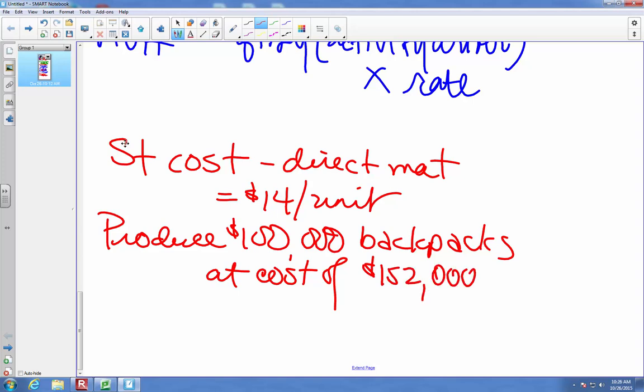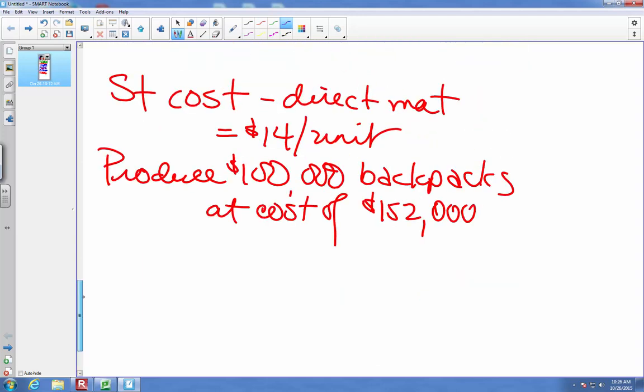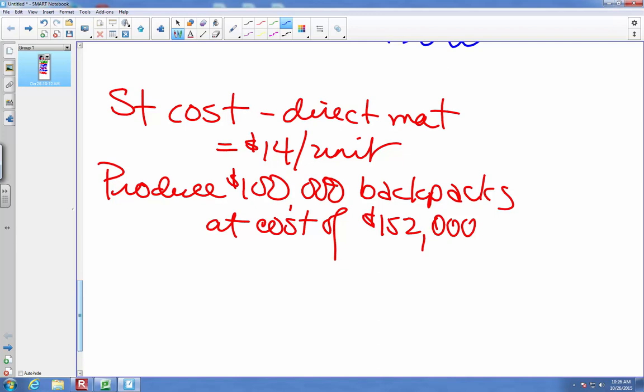So all I want to do in this very simple first example is have you calculate for me what the total direct materials variance is. No. This should say 10,000 backpacks. So I actually run 10,000 backpacks, and my direct materials costs were $152,000.